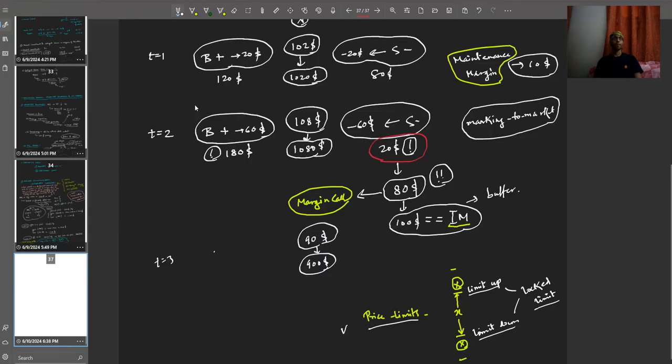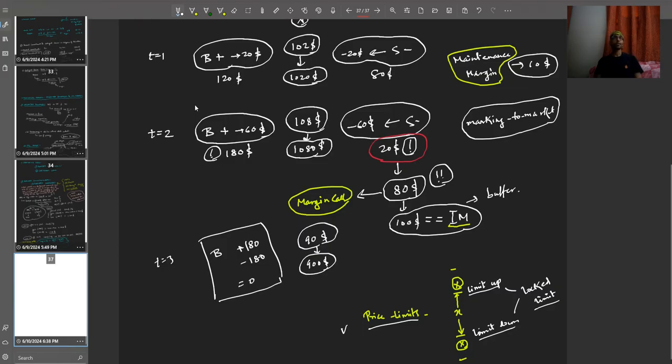Now, what happens to the buyer's account? He was plus 180. Now he is minus 180. Straight away he has become minus 180. So his balance is 0. Now what happens to the seller? For the seller it's a plus 180.